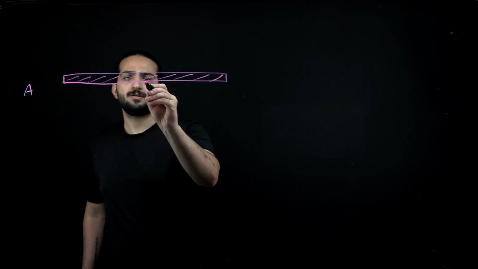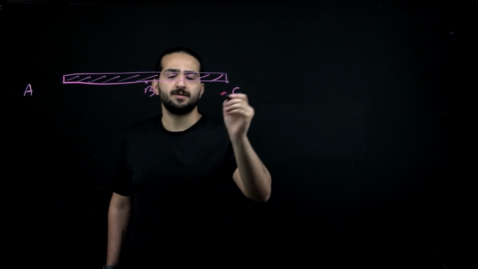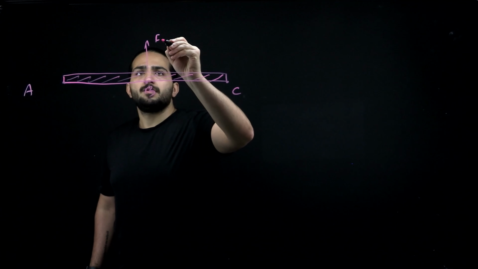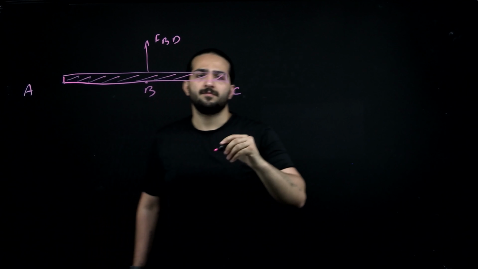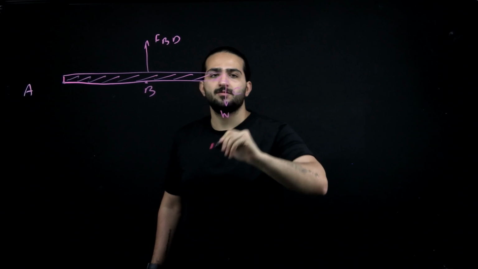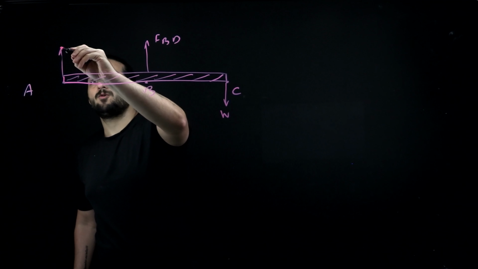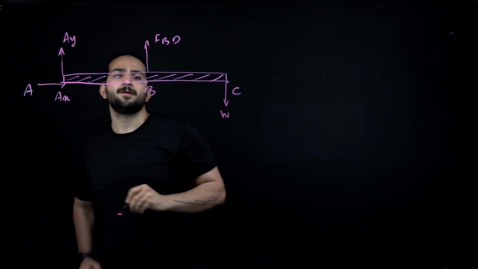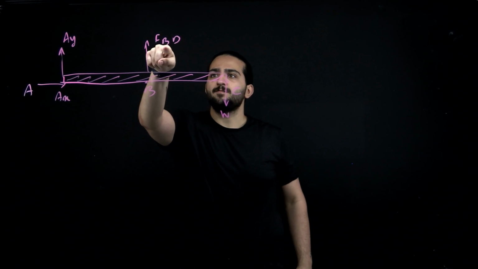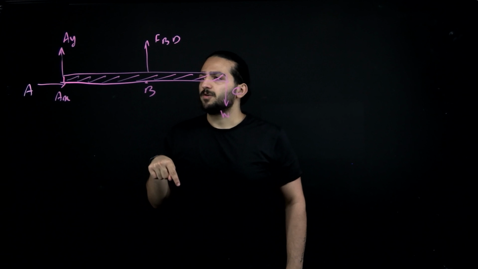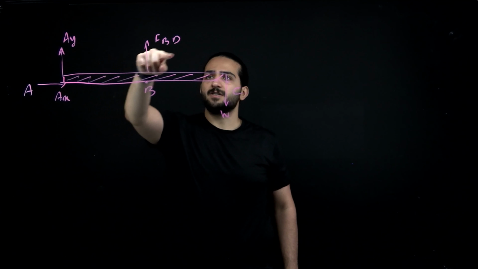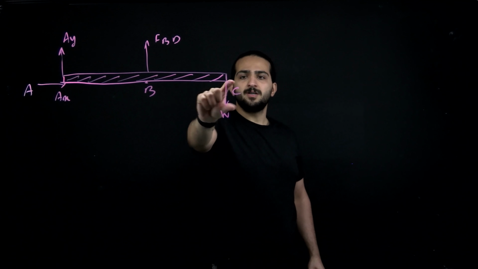This is point A. This is point B, and this is point C. We have a load W here. In the FBD we have W, we have AY, and we have AX at point A. And now, in order to determine FBD, we're going to write the equation of equilibrium for moments around point A, and then we can determine the value of FBD based on W.